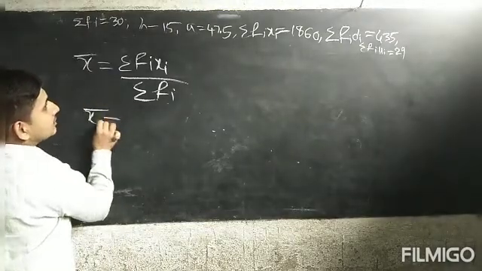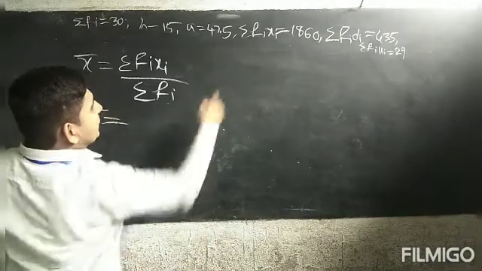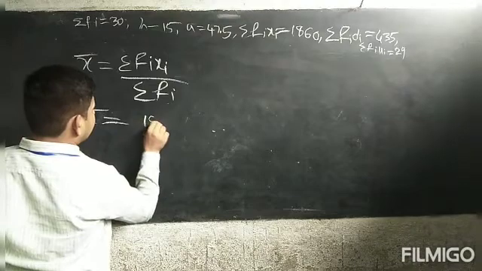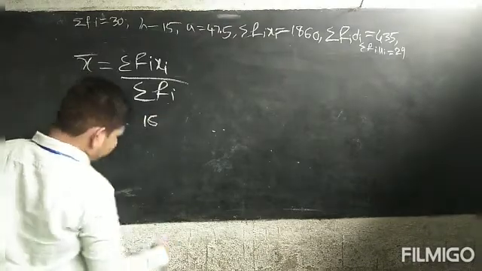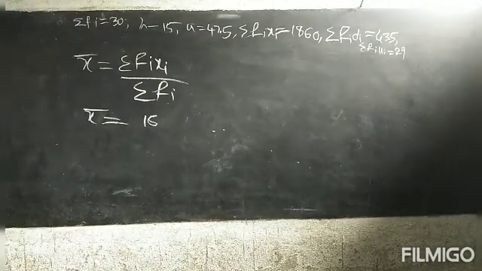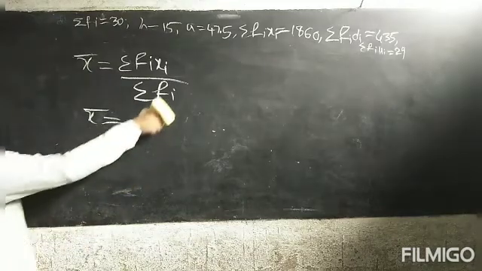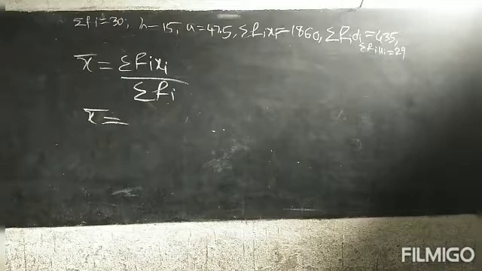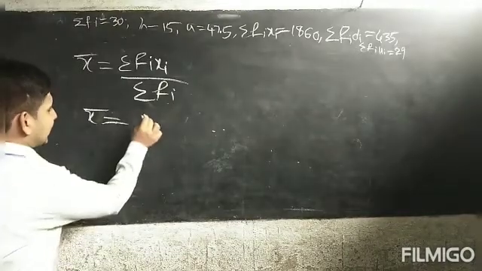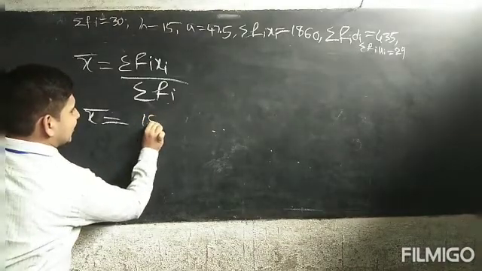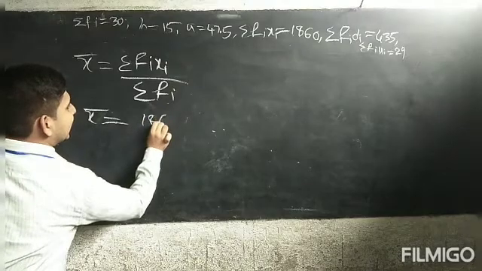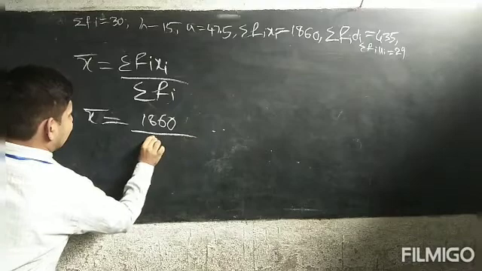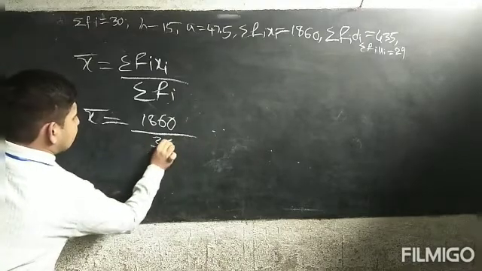x bar equal to 1860 by 30. Sigma fi equal to 30.